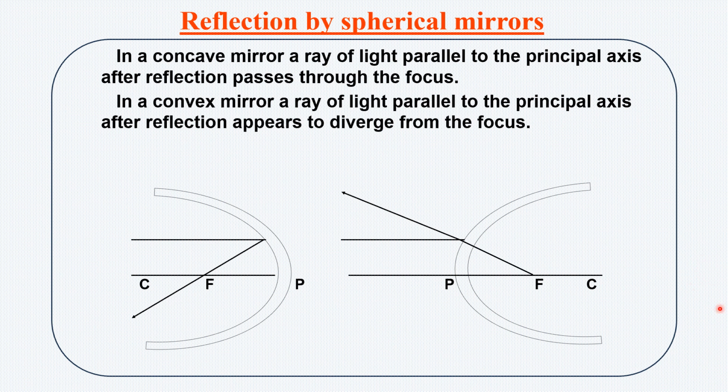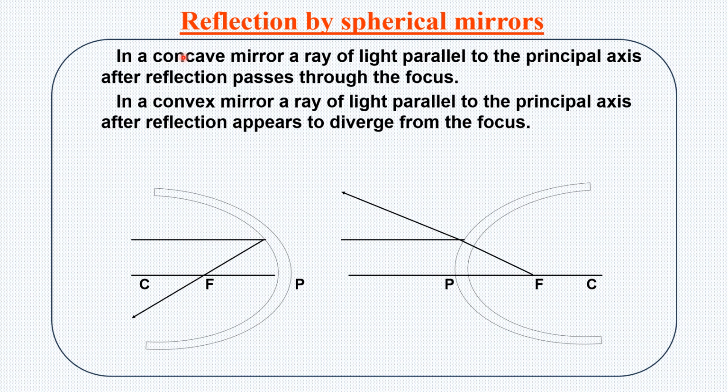The first law is that the angle of incidence is always equal to the angle of reflection. The second law is that the incident ray, the reflected ray and the normal all lie on the same plane. These two laws are used everywhere in reflection of light.